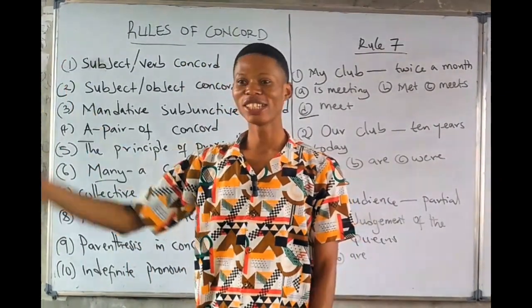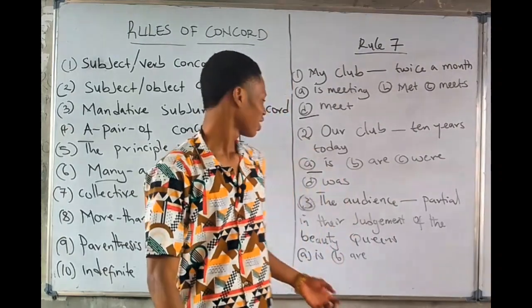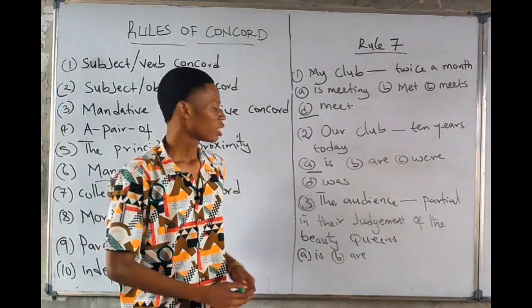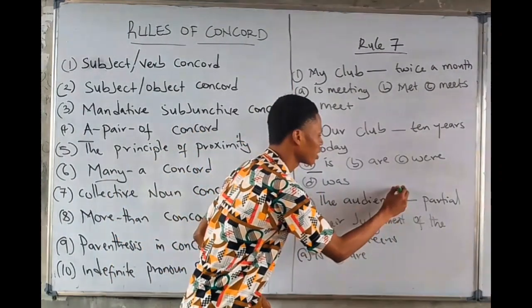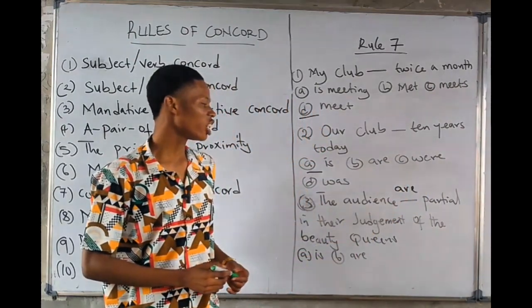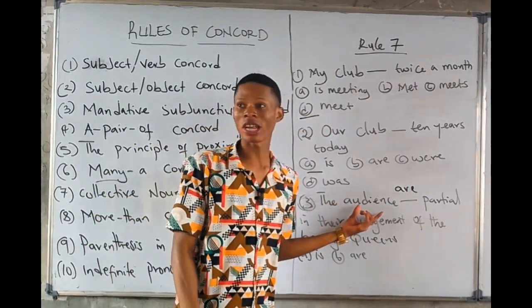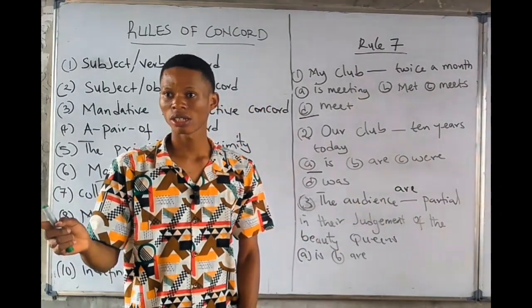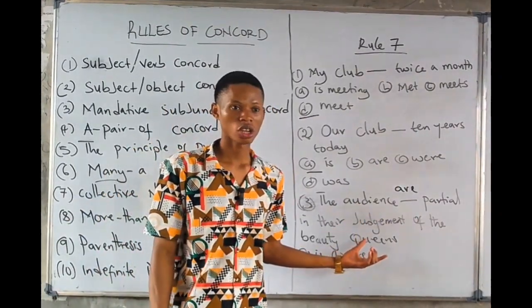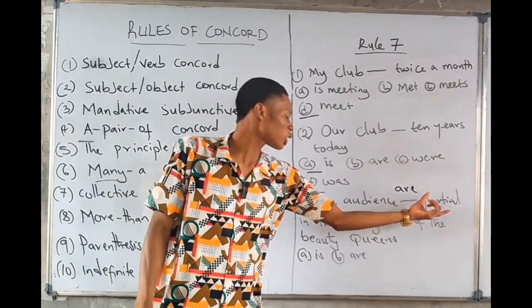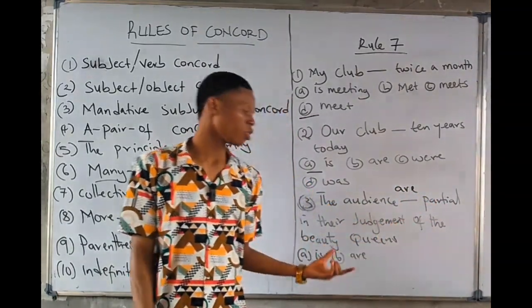Well, English is hard. The audience are partial in their judgment of the beauty queens, because the audience, a collective noun, is performing an action of judging.